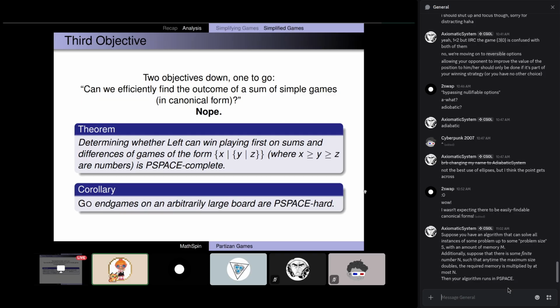Yeah. So this is sad, I guess. We have these canonical forms, and I didn't say it explicitly, but you may have guessed that games written this way, if X, Y, and Z are written in canonical form for those numbers, are in canonical form already. But we can't effectively figure out who wins a sum of things like this.